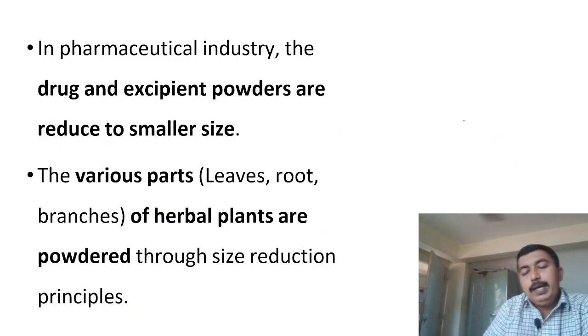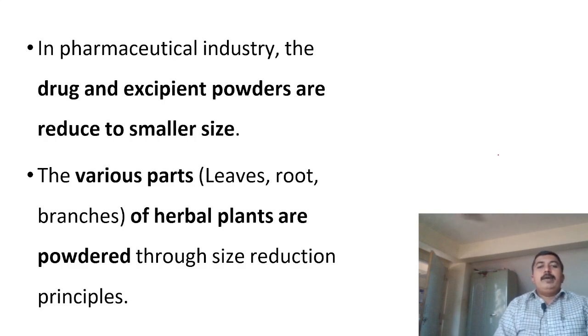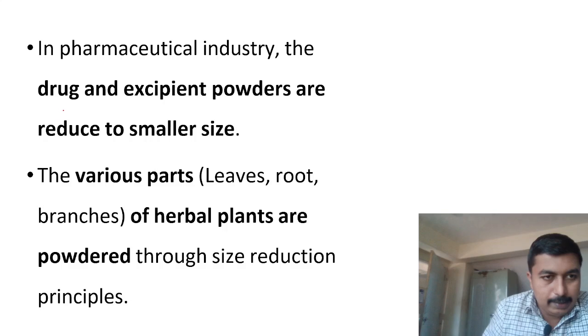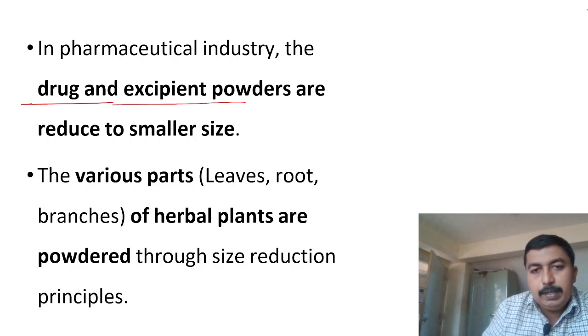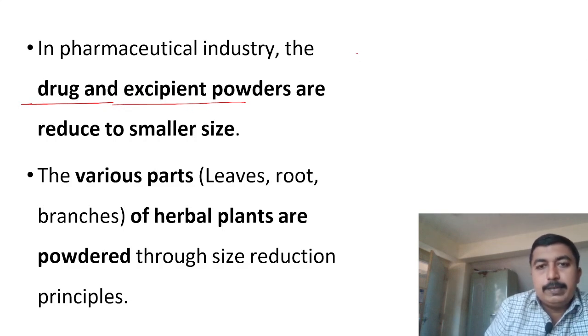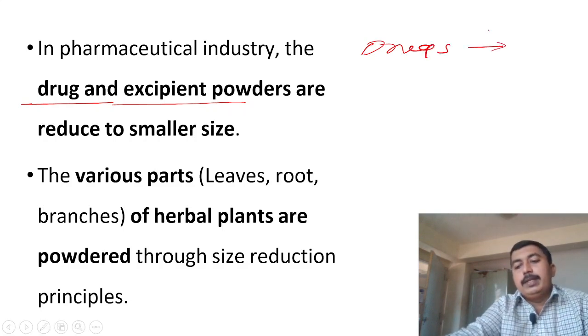Where is the size reduction process actually utilized in the pharmaceutical industry? Size reduction is utilized for breakdown of powder particles. For the pharmaceutical industry, we require drug as well as excipient. Majority of the drugs are solid in nature.